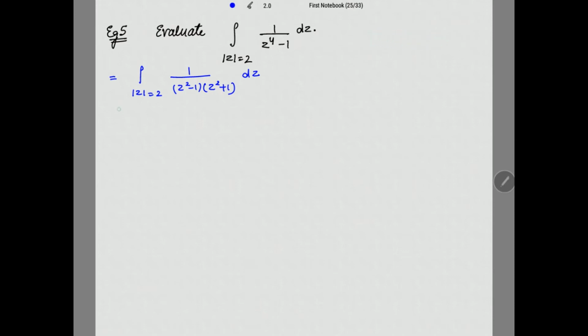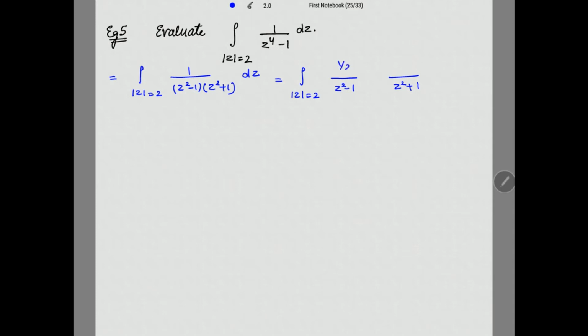Then further, now separate these two, writing the denominators separately. First one z squared minus 1, then z squared plus 1. Now putting z squared minus 1 equal to 0, you get z equal to 1. Hide this z squared minus 1, put z equal to 1 over here, you will get 1 by 2.